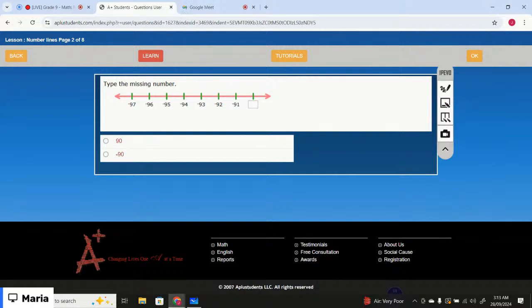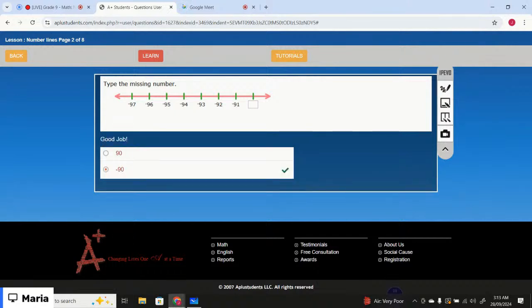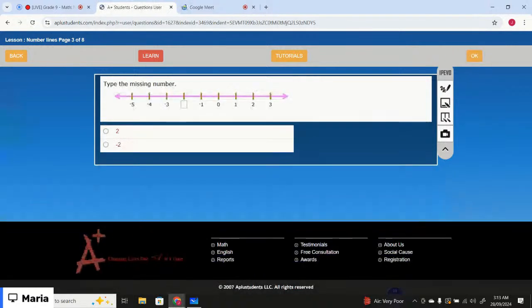Type the missing number. So which number is missing? That is negative 90. Option number 2 is the correct option, right? Type the missing number. So which number is missing?